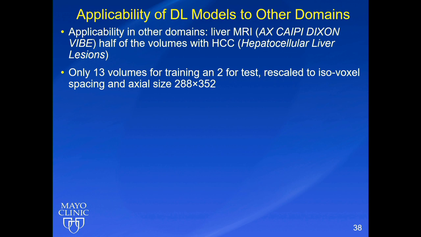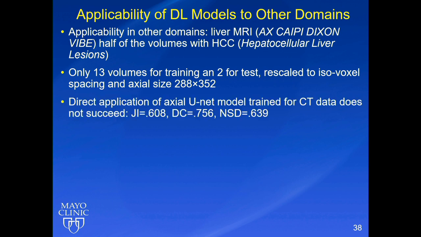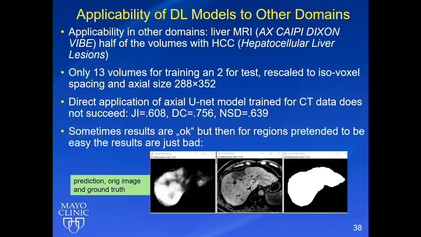We had a look at some liver datasets where we only have very few datasets with reference segmentations. There we use 13 for training, 2 for test, 1 each with HCC. And if you apply the CT UNet model, you get horrible results, as shown there. A Jaccard index of 60% is not any good.